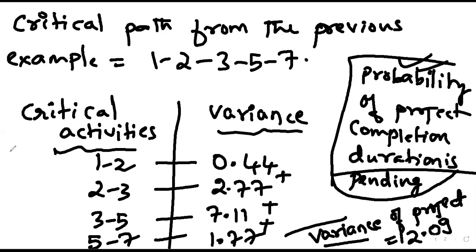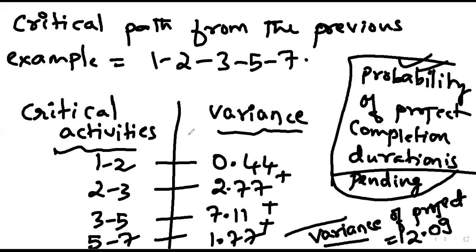It may not be exactly the time estimate we determined in our previous class. So we have to determine the probability of completing the project on that particular time estimate or any other time estimate.